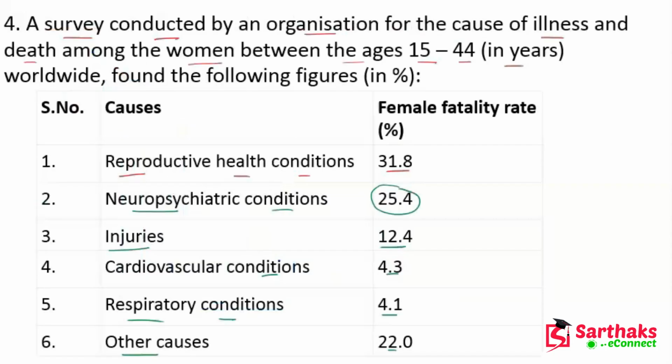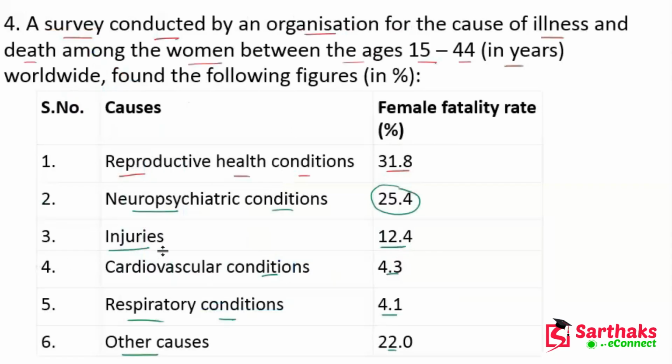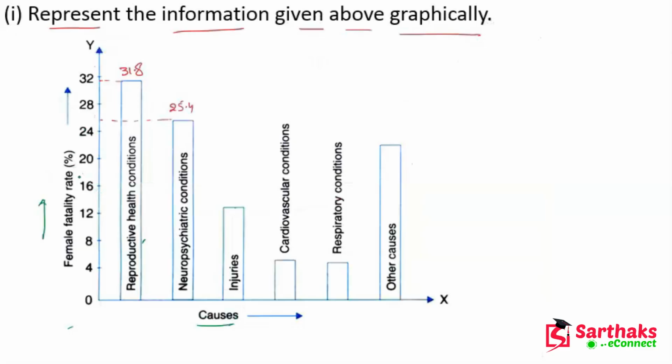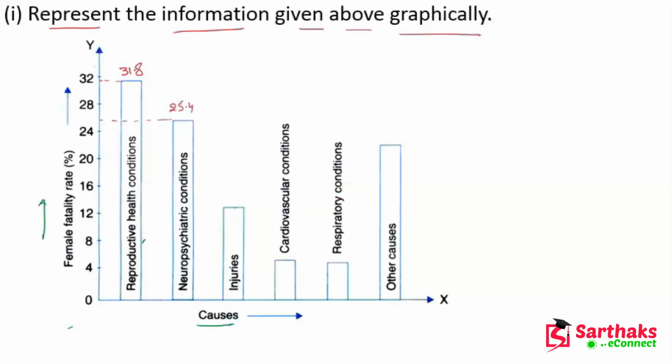Here the percent is 25.4%, so this is 25.4%. And due to injuries, this is 12.4%, so we can write 12.4%.